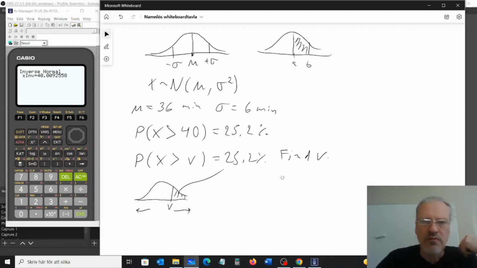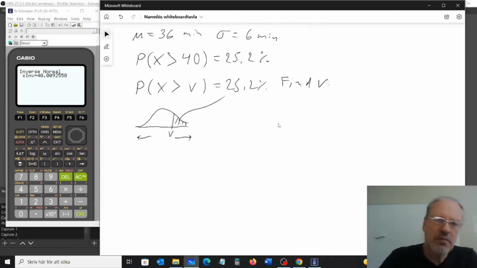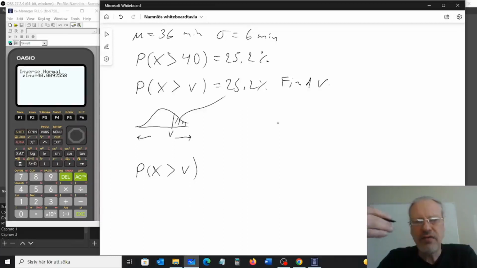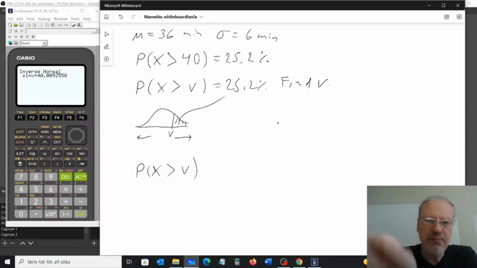Say the question is, how large should a value V be for us to hit the 90th percentile? The 90% should be able to do it up to that point, which means 10% would take longer time. So we can set the probability of X larger than V equal to 0.1.